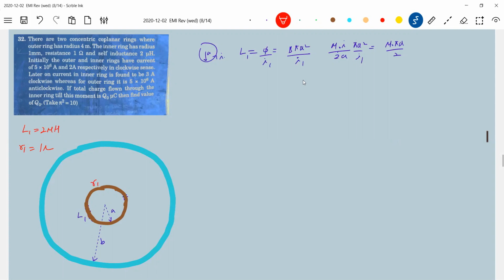Okay, fine. Initially the inner and outer rings have currents 2 ampere and 5 microampere respectively, in clockwise sense. Both are having a current. This is carrying a current I1. This is carrying a current I2.